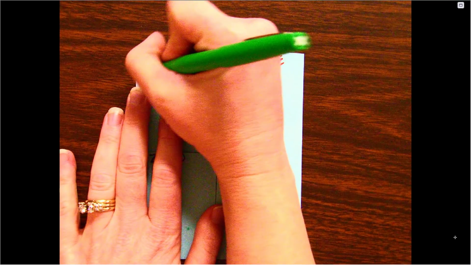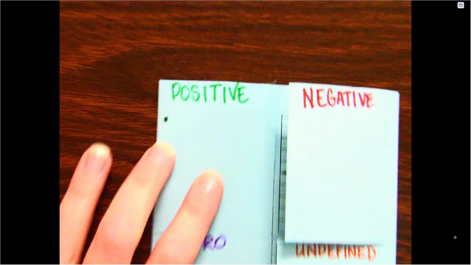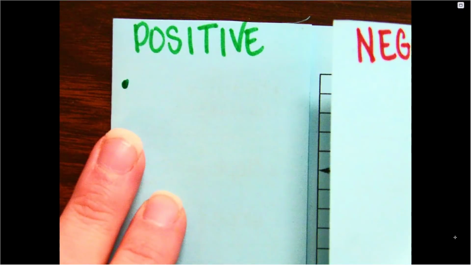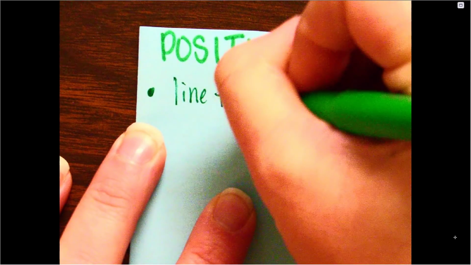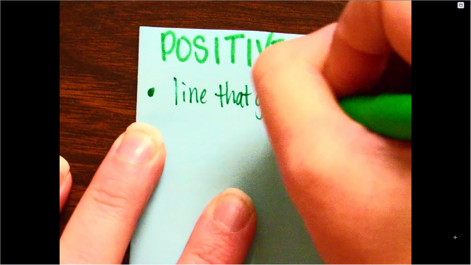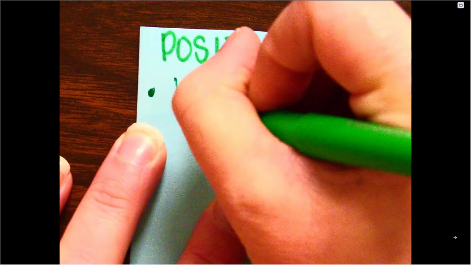A positive slope, I'm going to zoom in so we can see just positive, is a line that goes up from left to right.